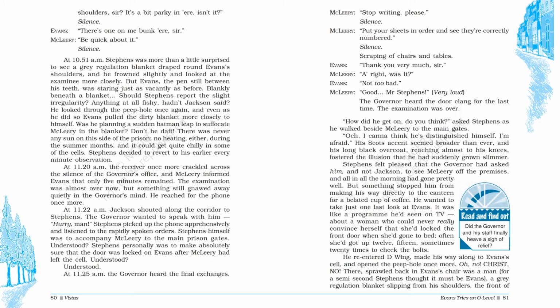Mr. Stephens personally escorted McLeary to the main prison gates. His long black overcoat fostered the illusion that he had suddenly grown slimmer. Mr. Stephens felt pleased that the governor had asked him and not Mr. Jackson to see McLeary off the premises, and all in all, the morning had gone pretty well.